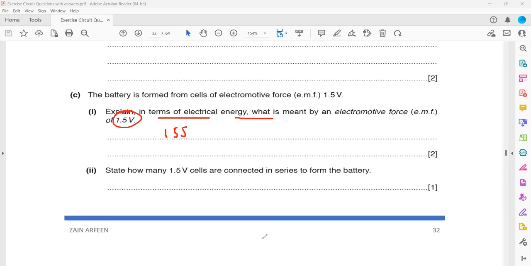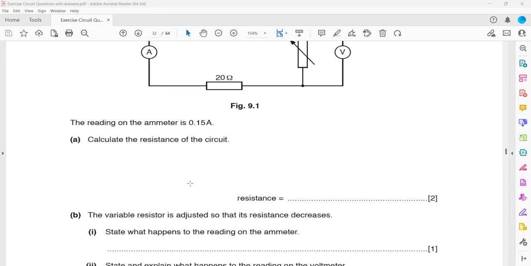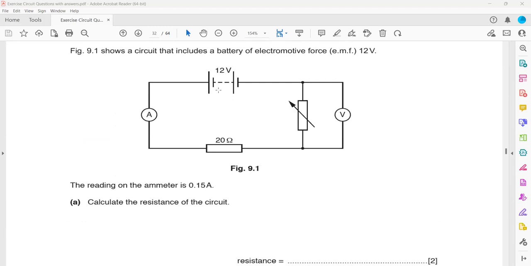If the variable resistor decreases, won't the other resistance? No, the other resistance is a fixed resistor. It won't change. Only the variable resistor's resistance can be changed. First it was 60 and now maybe we turn it to 30. So when we turn it to 30, the combined resistance of the circuit will be 20 plus 30, which is 50.